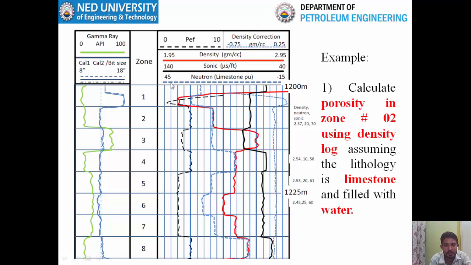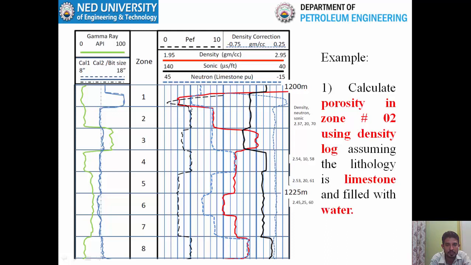Each large box has 5 small boxes. So the total scale is from 1.95 to 2.95. The difference between the two is 1 gram per cc, and when you divide by the 20 small boxes, it turns out to be 0.05 gram per cc. So one small box is equal to 0.05 gram per cc. On the extreme left, the density value is 1.95.